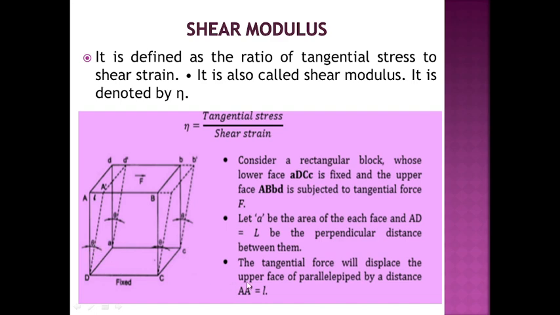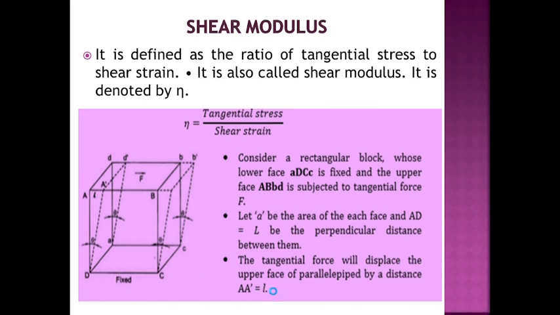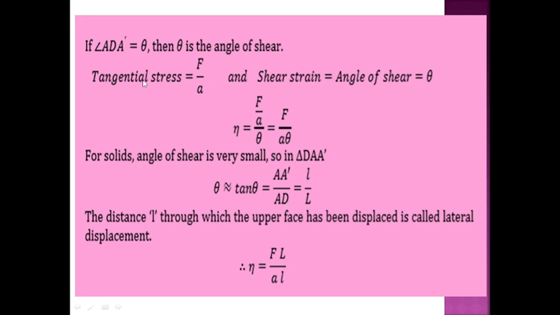So let us take AD as capital L length and the deformation A to A prime as small l. Then we can write tangential stress F by A, and the change in angle is given by angle A D A prime, theta, the shear strain, angle of shear theta. So the ratio of these two will give the shear modulus, F divided by A into theta.